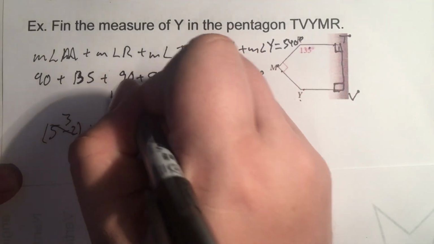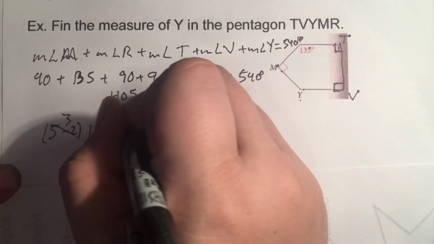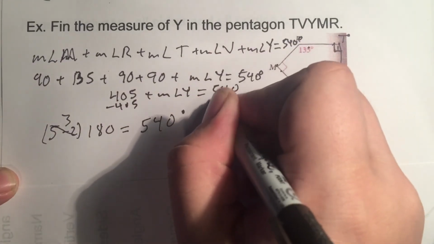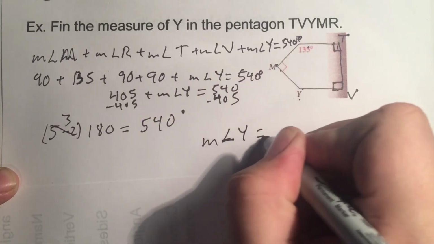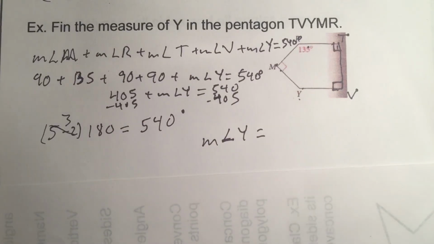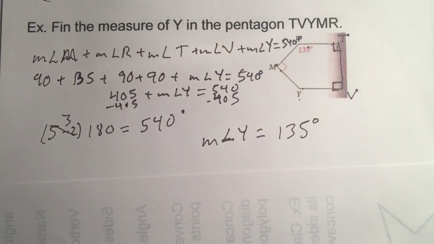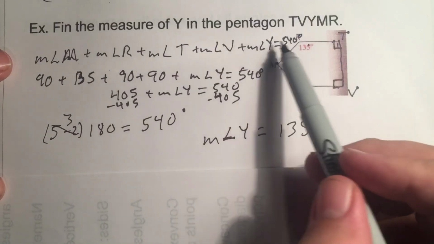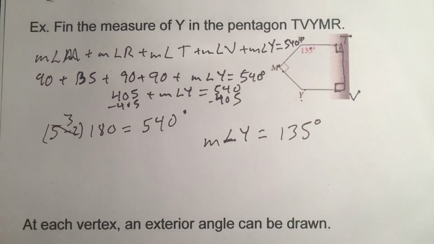So 405 plus the measure of angle Y equals 540. So if we subtract 405, the measure of angle Y would equal 135. So that's how we can find angles we don't know with bigger polygons. We know they're all going to add up to be whatever this value is when we do it in that equation, n minus 2 times 180, n being the number of sides.